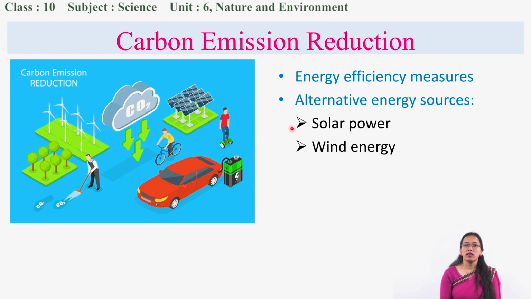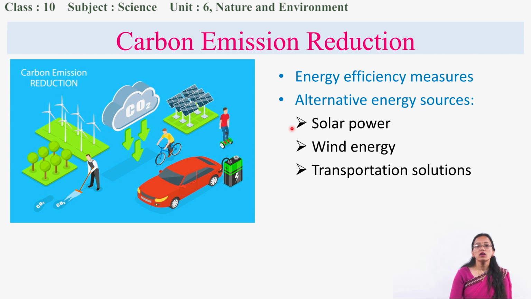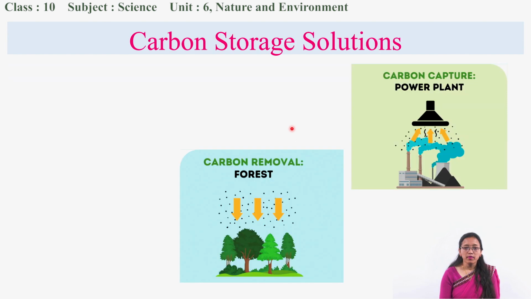Then wind energy, that means to generate electricity from the wind, we can use wind energy also. Another one is transportation solutions. For transportation, instead of using fossil fuels, we can use various kinds of energy, just like solar cars, solar devices, even electrical vehicles, etc.